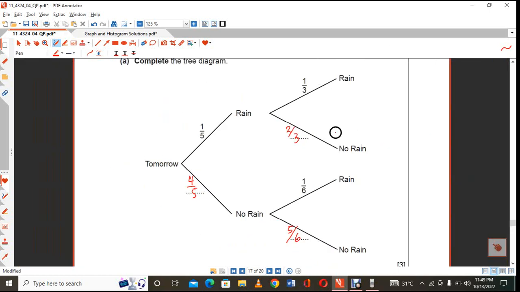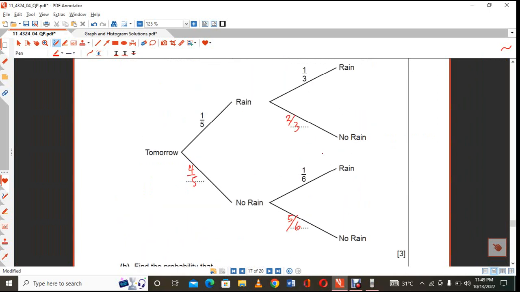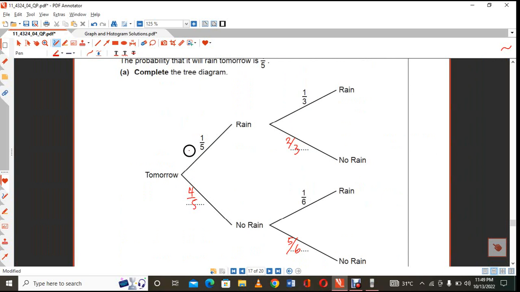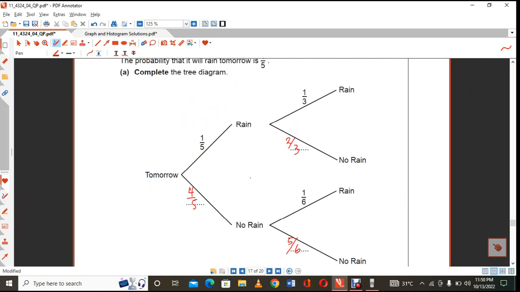Okay, now for 1 mark, they say find the probability that it will rain in 2 consecutive days. Day 1 rain, day 2 rain. When we go along the branches, that means if we go in this way, we multiply. Good.